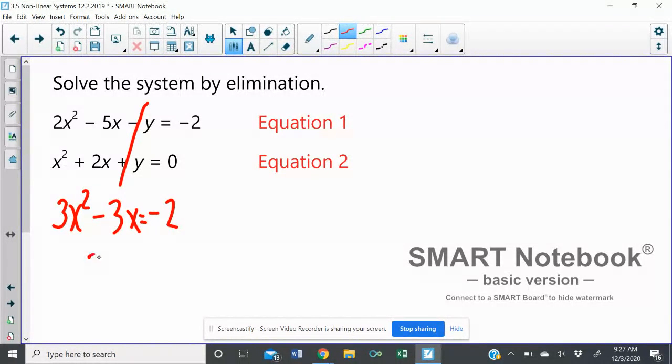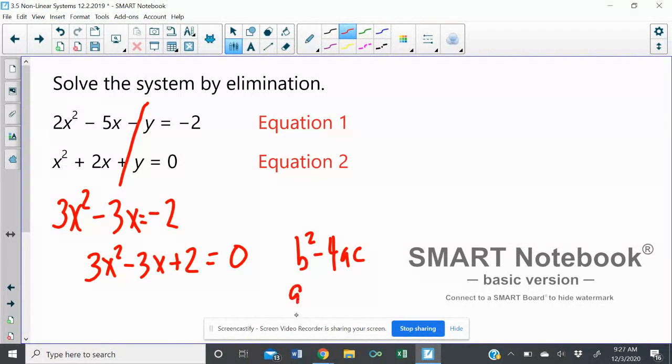And if we go to solve this, I know it's not factorable because factors of 6 when added never will give me -3. So I'm going to use the discriminant here just to see if I even have a real solution. So that's 9 minus 4 times 3.